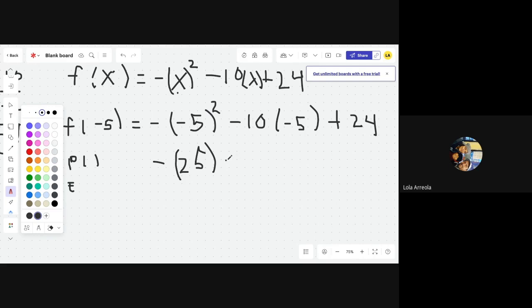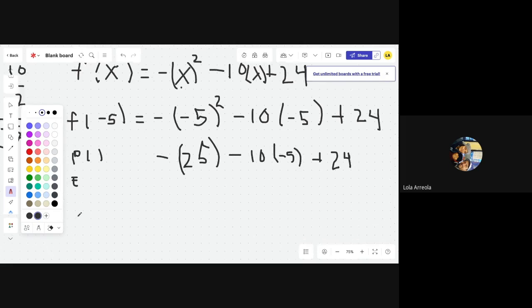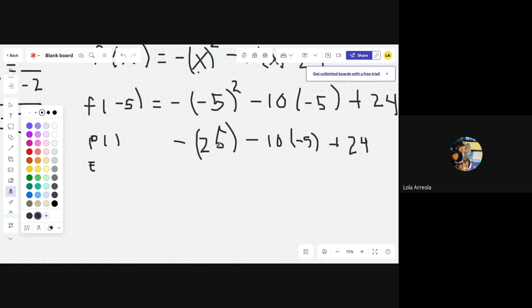So now I have negative 10 times negative 5 over here, and then plus 24. After exponents, I just simplified the exponent problem. Again, very important that I still have the parentheses. I do either multiplication or division at the same time; it doesn't matter. Wherever I see multiplication, I'm going to do it.